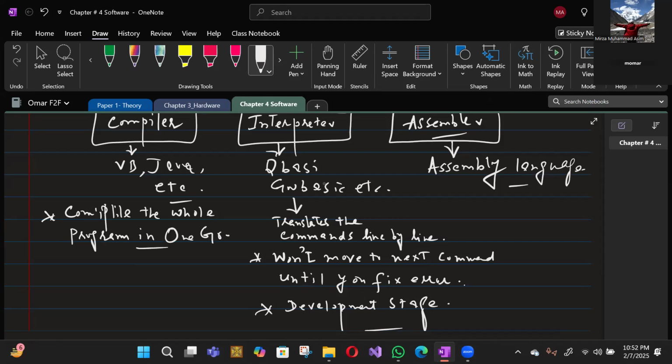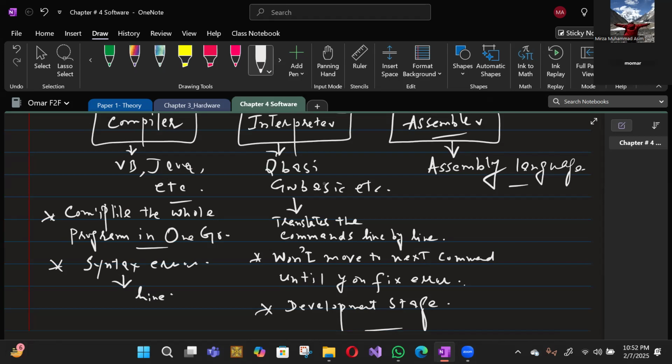Okay, at the end, it tells you if there are some syntax errors. It tells you the line number even, because high level languages are efficient enough to tell you exactly where the errors are.